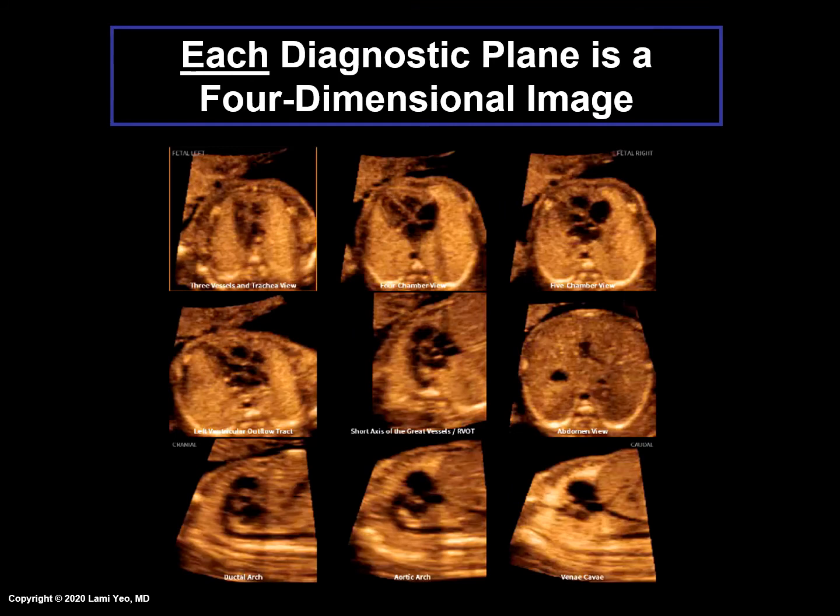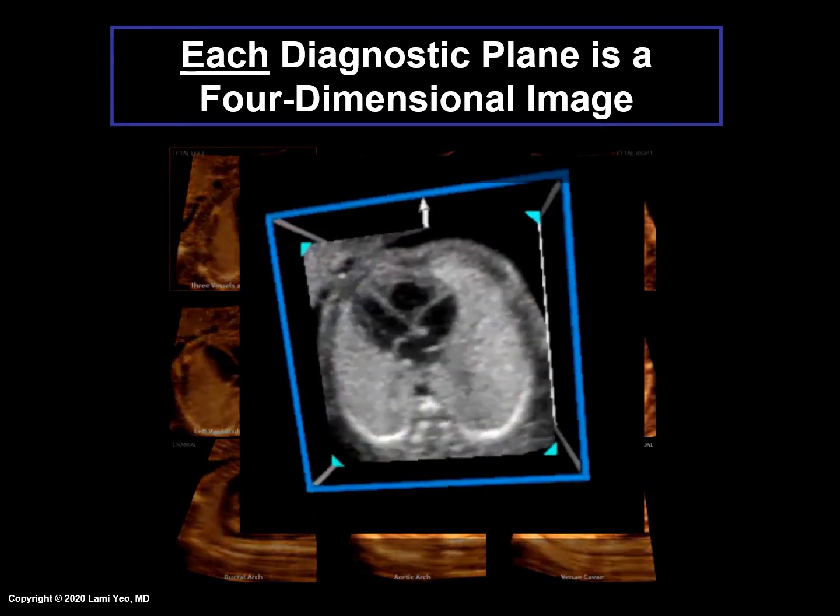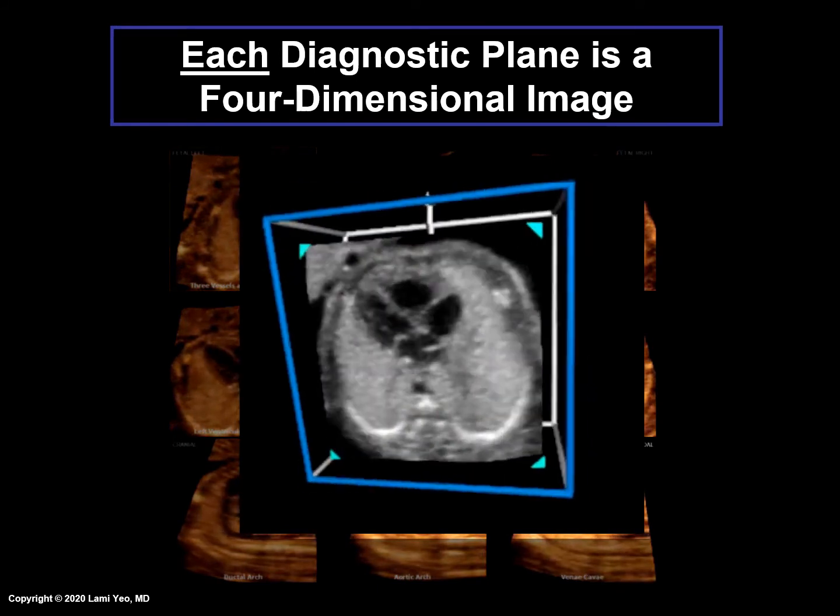This is demonstrated by this video, in which one can see that each of the 9 cardiac views is not a single 2-dimensional slice, but is actually a 4-dimensional image.